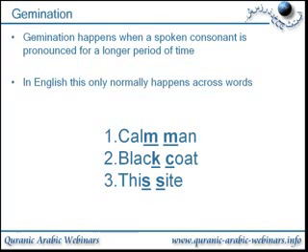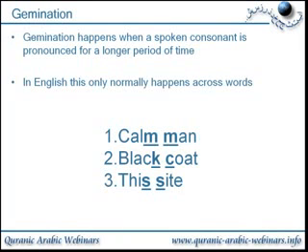So the first one here, if we say calm man, the two M's sort of merge together and you end up holding the two M's for a little bit longer and effectively not taking a pause between the two letters. The second one is black coat. So the same thing's happening there, slight pause actually between the K and the C, but generally we're going directly into the sound of the K into the sound of the C. And probably the best example is number 3.